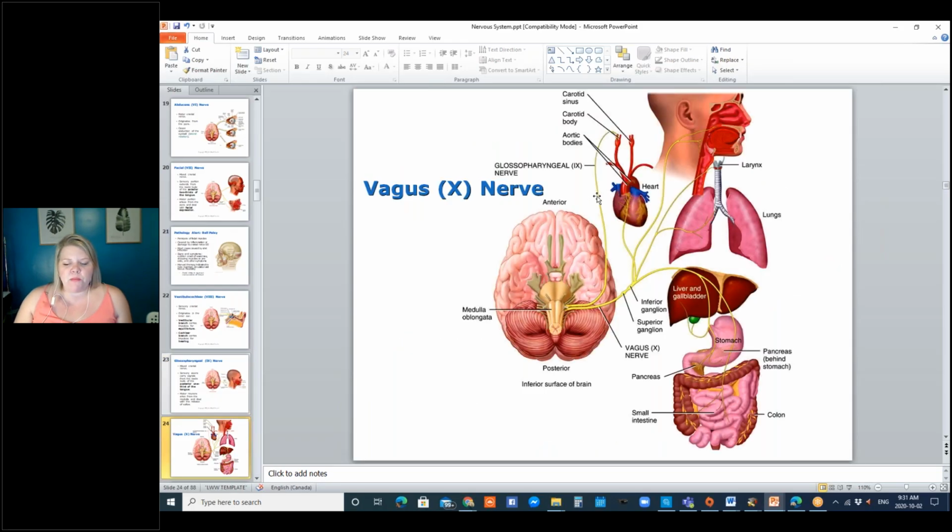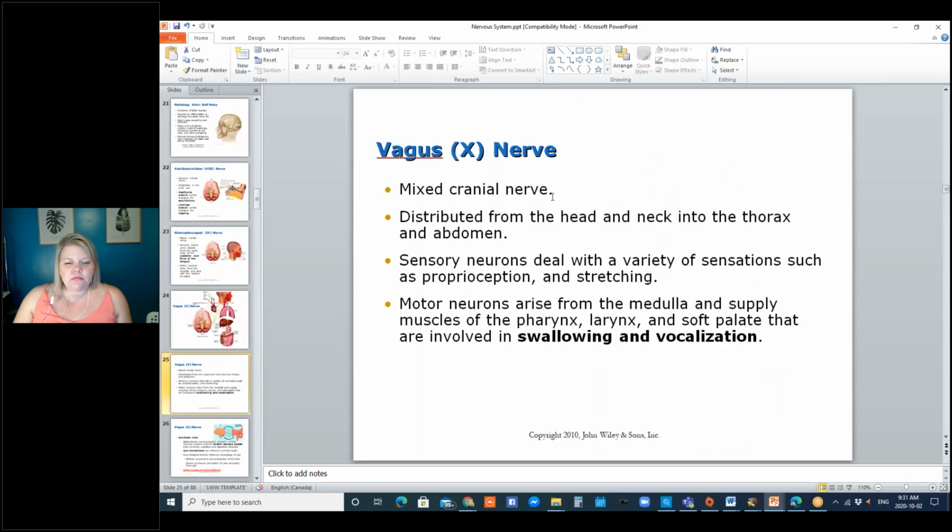Vagus nerve, which is, I think, the most interesting, and I would argue the largest cranial nerve of the body. It originates in the brain stem, but its branches serve many organs of the body and is really something that as a manual therapist you can have a lot of influence on. It's a mixed cranial nerve, meaning that it has sensory and motor division.